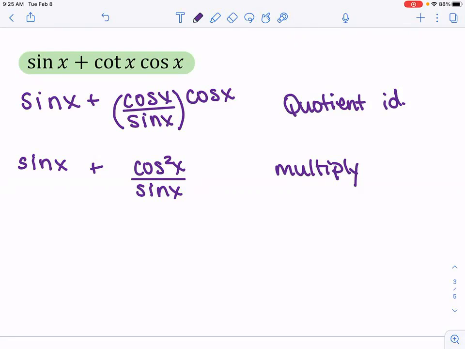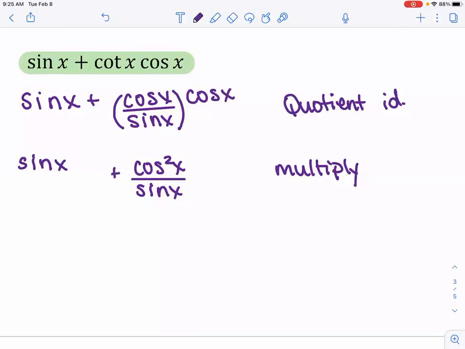Well, interesting. Now I'm adding, and one of my expressions is a fraction. What do we do if we're adding like 5 plus 3/7? We make common denominators, just like we would in basic math, just like we would in algebra. So this already has a denominator of sine of x.